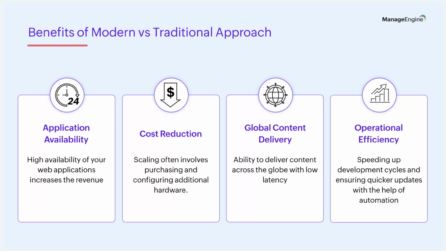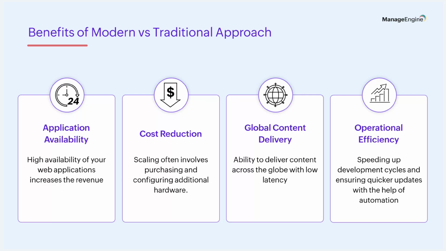Modern applications use cloud computing and containerization to improve availability and reliability. Features like load balancing, redundancy, automatic failover, and global distribution help to reduce downtime and ensure a smooth user experience. Cloud platforms allow flexible scaling based on the demand, reduce upfront cost, and improve resource utilization through automation.